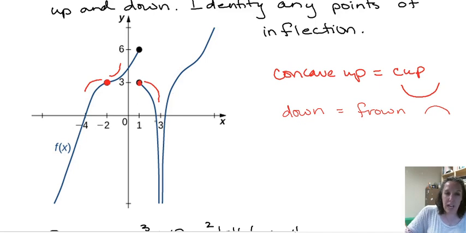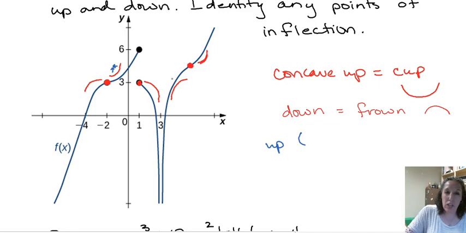And then we've got a vertical asymptote there at 3, so it's going to change, but we see we've got the concave down again on the other side. And then looks like about right here, our graph is changing from that concave down to the concave up shape. And so we will see that this graph is going to be concave up.